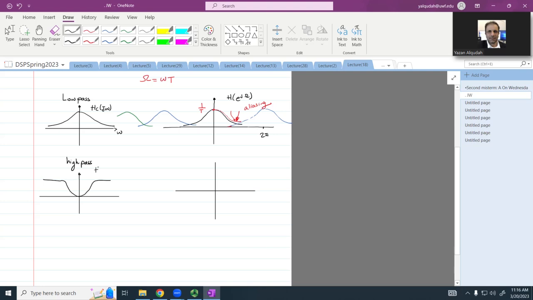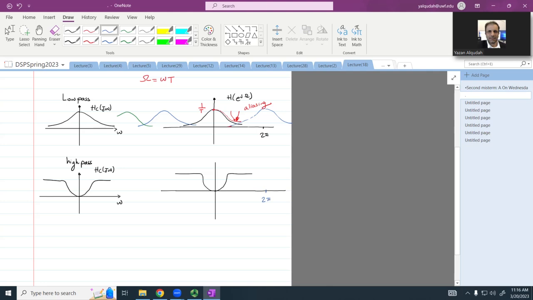Now let's see what happens if we design a high pass filter. So this is the frequency response of the high pass filter. We took the impulse response, we sampled the impulse response. Let's see what's going to happen in the frequency domain. We're going to have the original shape, and now we're also going to have the repetition.